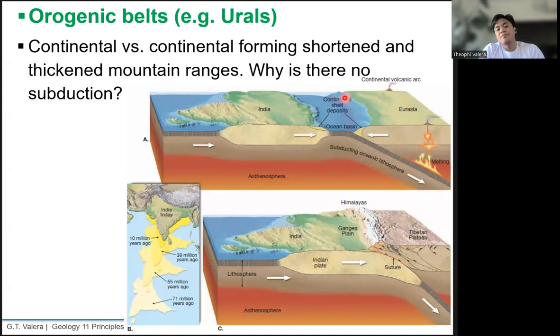But eventually, the oceanic crust between them gets consumed, and eventually it will be continent versus continent. So that is what we refer to as orogenic belts. When you have continent, you have a downgoing plate, but it's not really subducting. It's buoyant, so it cannot subduct, and because of that, it only forms the high mountain ranges that we know existing today in Himalayas, for example, north of India.